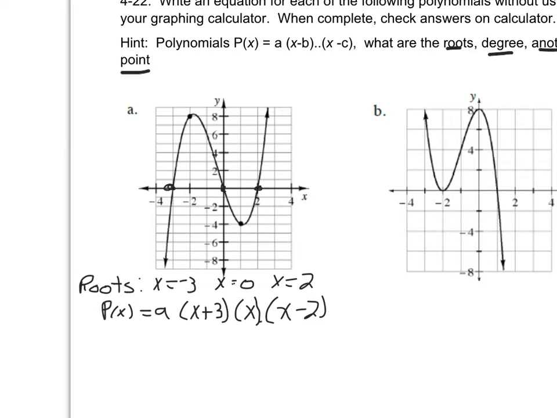My a value is what's going to uniquely determine this polynomial, because I could have infinitely many different graphs, such as the red one, that passes through those same roots. Or maybe it looks like this.